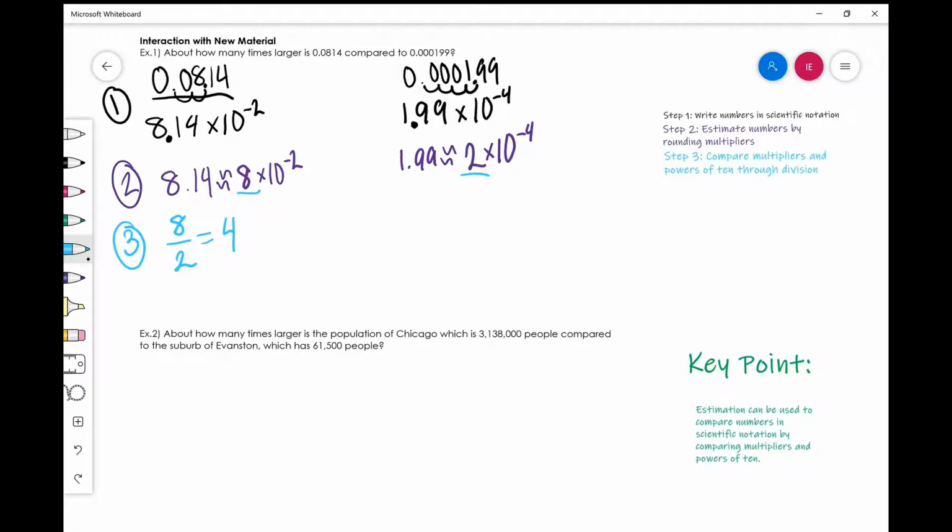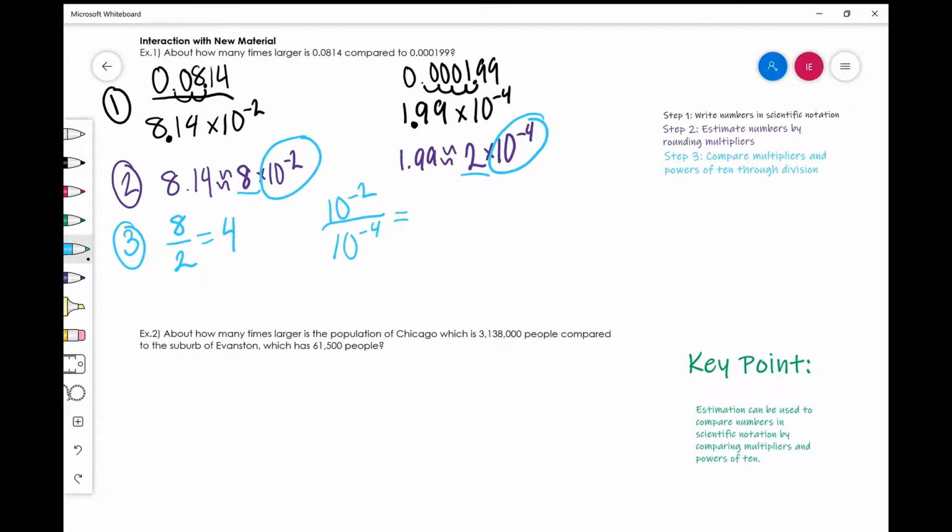Now let's compare our powers of 10. My first power of 10 is 10 to the negative 2, as I can see here. And again, we're going to divide by 10 to the negative 4.